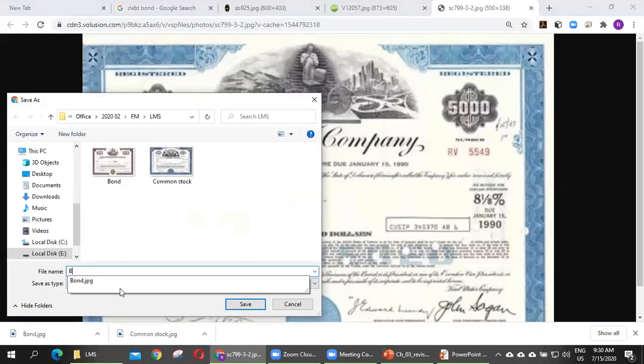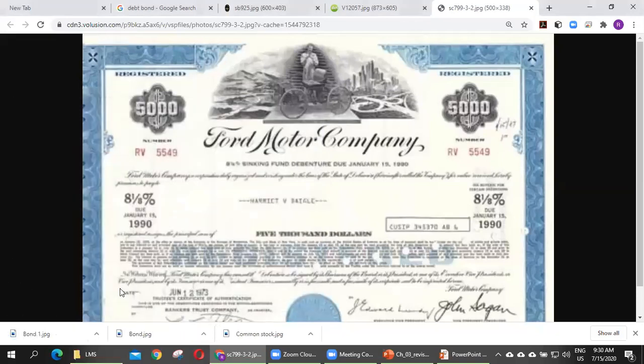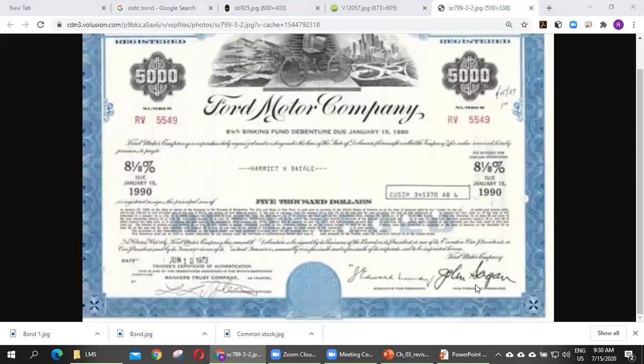Which company has issued this bond? Ford Motor Company, right? The Ford car. Yes, Ford Motors.